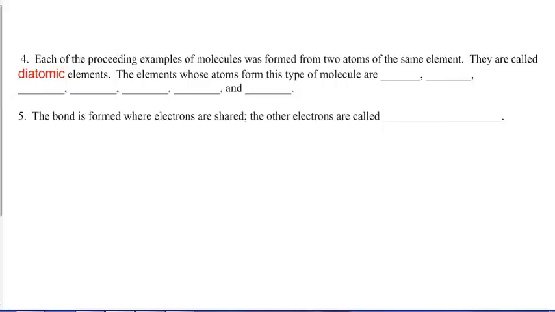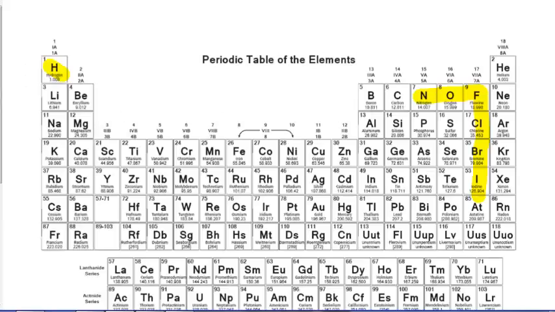The elements whose atoms form this type of molecule are easily found on the periodic table. So there are those gases over here, not the noble gases, because remember they don't want to form any kind of compound really. And then also bromine and iodine, those other halogens. So hydrogen is one.